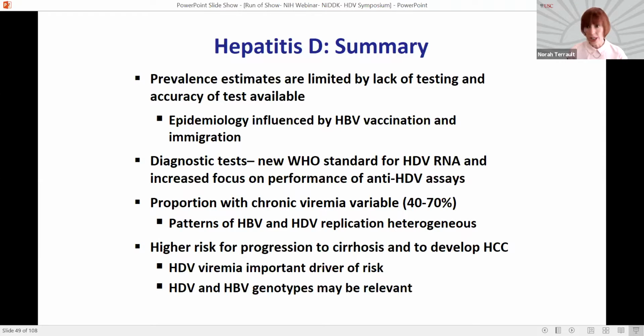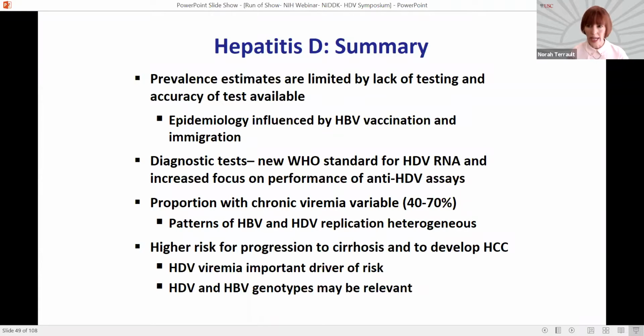The epidemiology is also evolving related to HBV vaccination and immigration. Clearly, I'm sure we'll have more discussion about this, but the diagnostic tests really are at the core here of us being able to advance our thinking about Delta and really get to finding the patients that are infected and offering them treatment. We do have a WHO standard for HDV RNA, which I think is very, very important, but the need to have standardized high-performing assays is key.